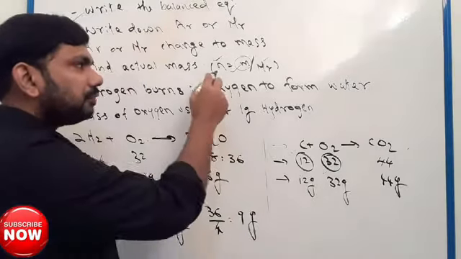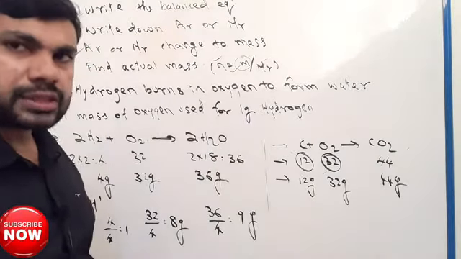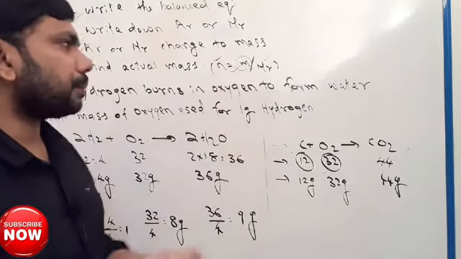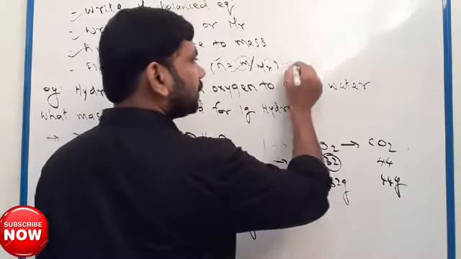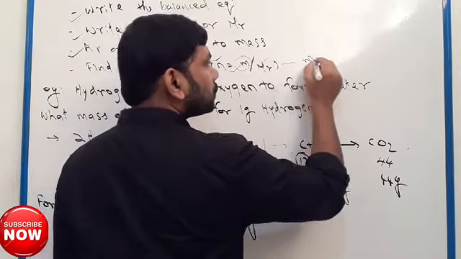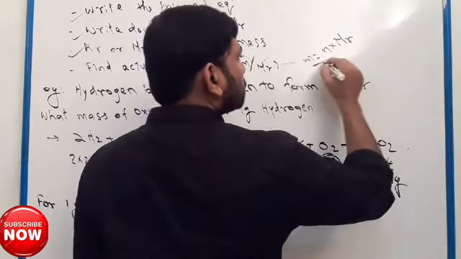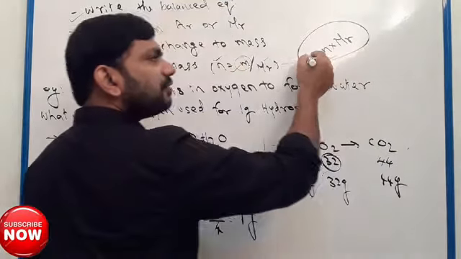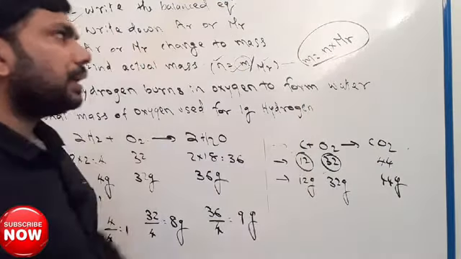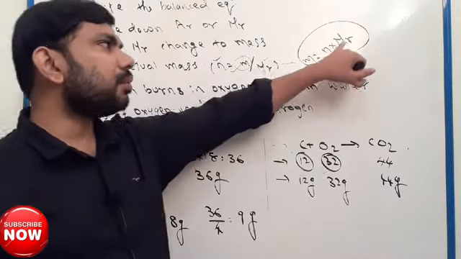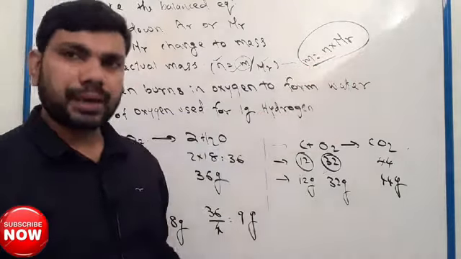We know the equation, we discussed it already. Number of moles is equal to mass over molar mass. Rearranging this equation, mass is equal to number of moles times molar mass. So using number of moles and molar mass, we can find mass.